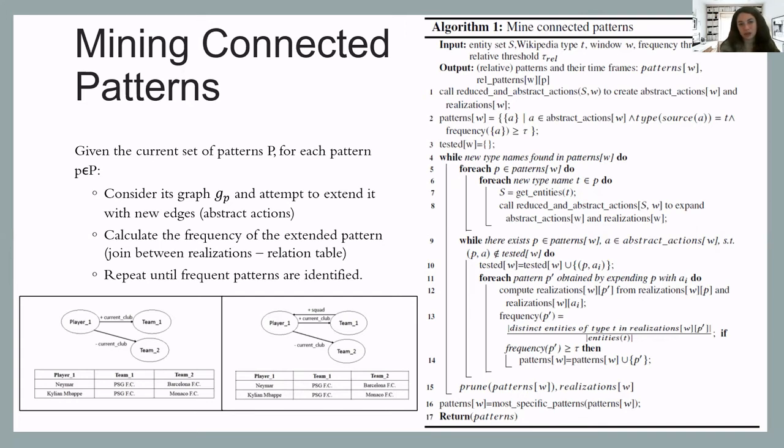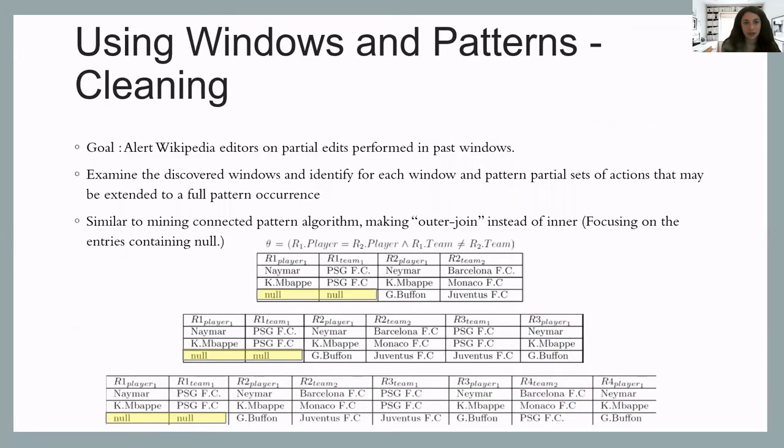We do that by a join between the realization of that pattern and the realization of the new edge that we have added. And then we keep the ones that exceed the threshold. We repeat that until frequent patterns are identified. We could use our algorithm for cleaning tasks. More details could be found in our full paper.